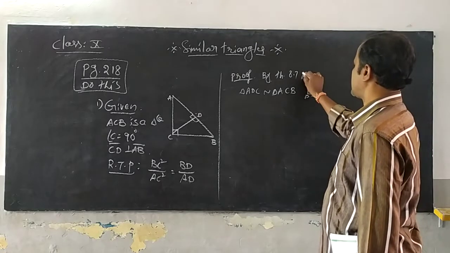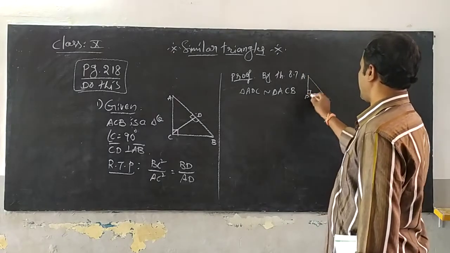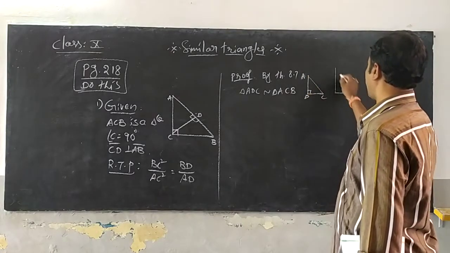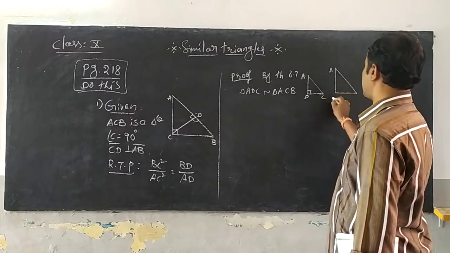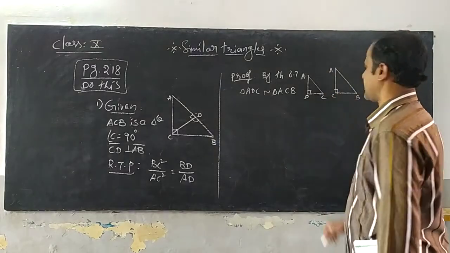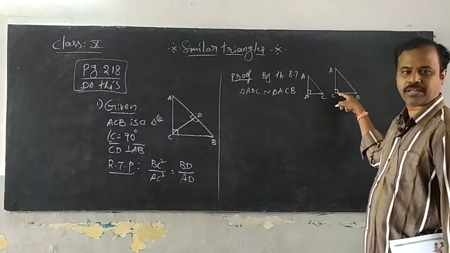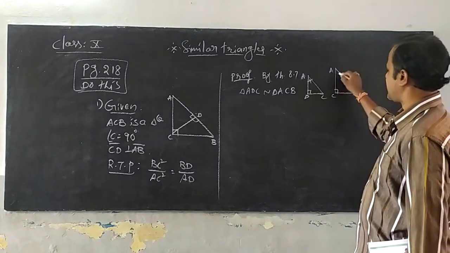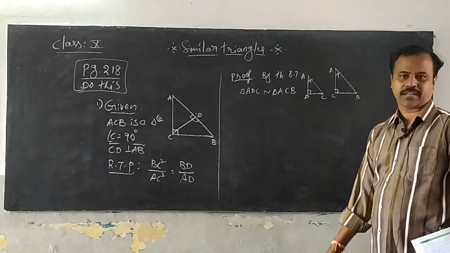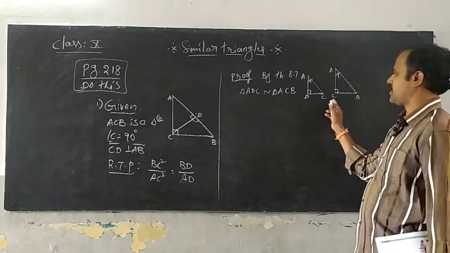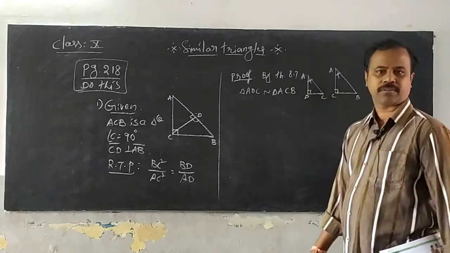This is ADC, where D is 90 degrees, and another one I take, ACB, 90 degrees. You can see that angle D is equal to angle C, which are 90 degrees, and angle A is equal to angle A, which is the common angle. So by AA similarity, you can say that these two triangles are similar.